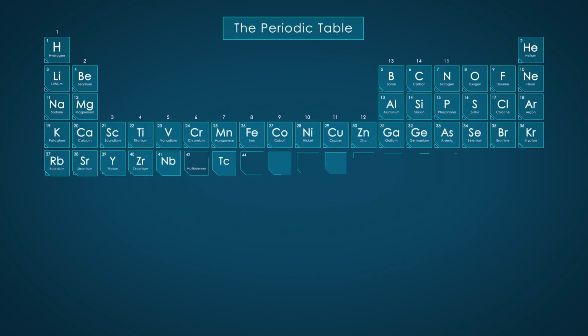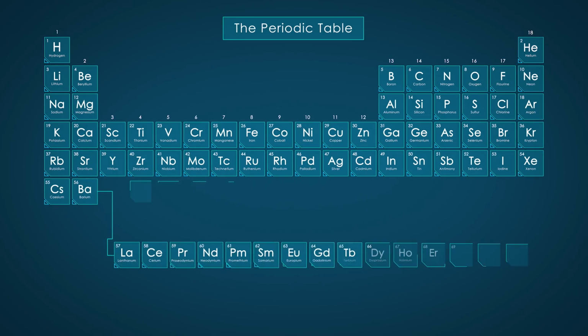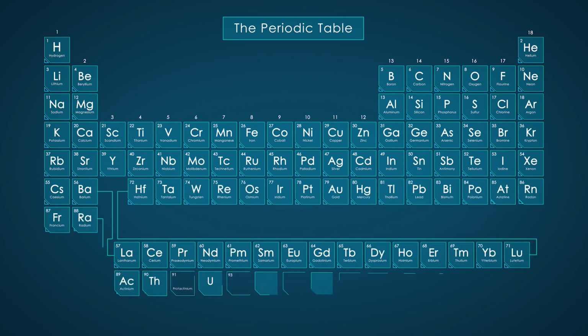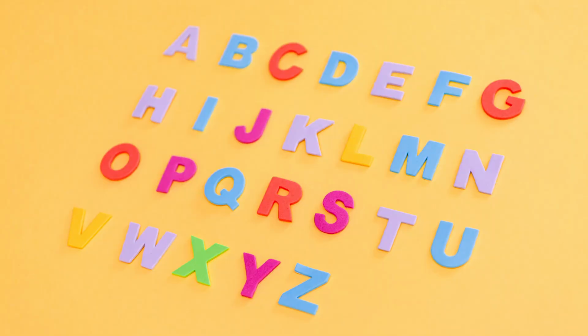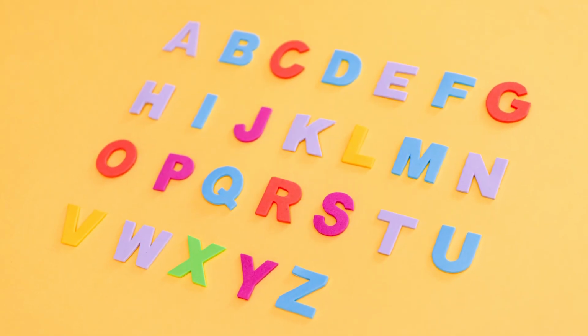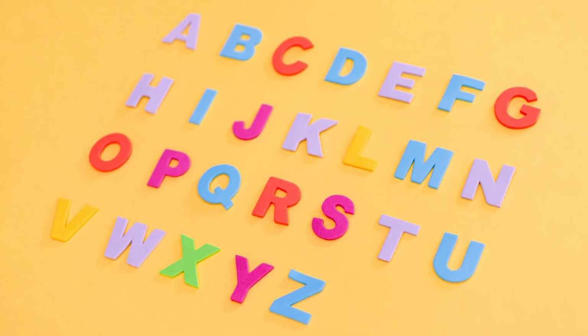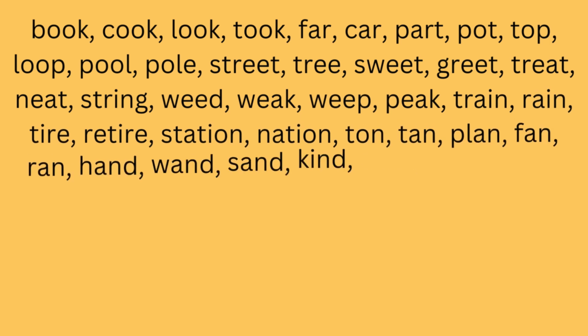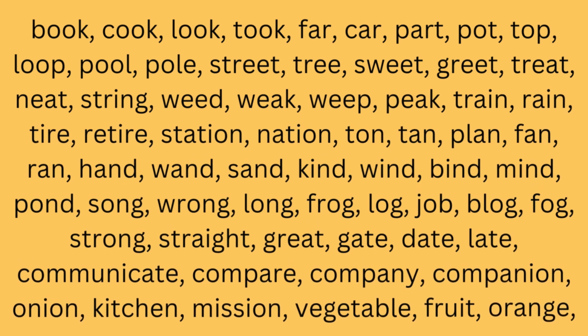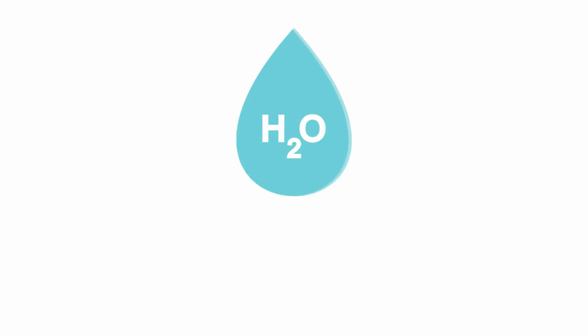But wait, how could there be millions of different substances around us if there are only about 100 known kinds of atoms? Well, you could compare this to the English alphabet. It has only 26 letters. But those 26 letters can be combined in different ways to create hundreds of thousands of different words. So it's similar with atoms.